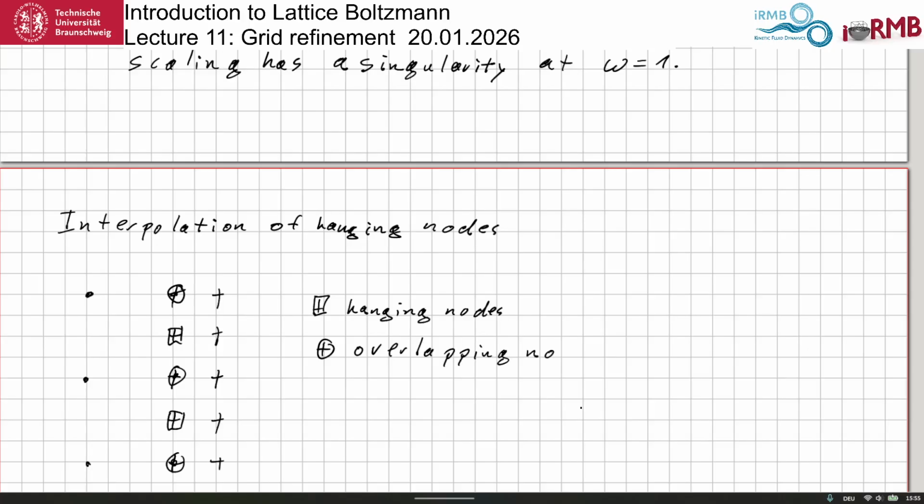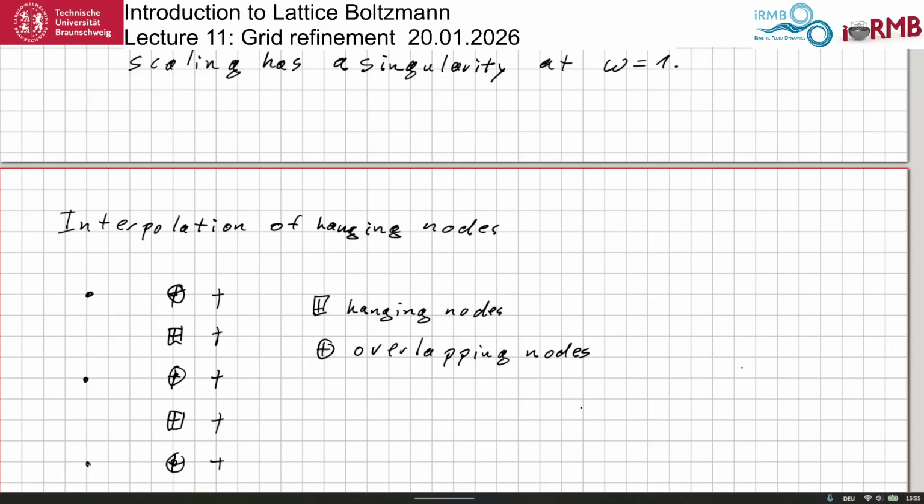And these are the overlapping nodes. So what you need, we said we need a quadratic interpolation here for the hanging nodes.